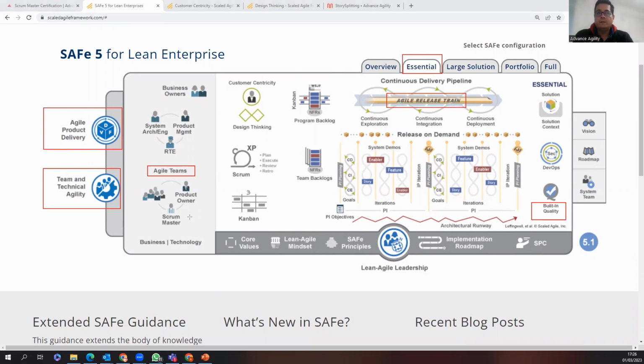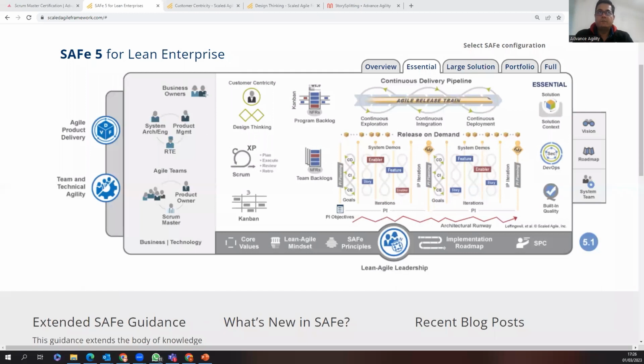Because people are the ones who do all the work, there is a lot of focus on execution of the work. Agile product delivery is another competency that helps us balance the customer focus with execution focus, and that's why here we see customer centricity and design thinking as well.